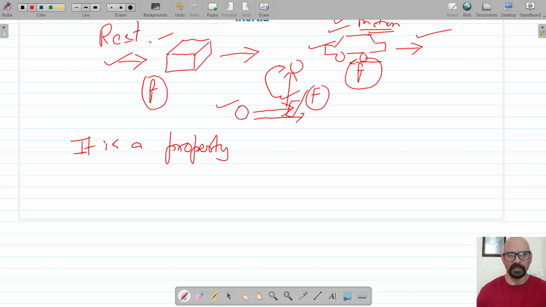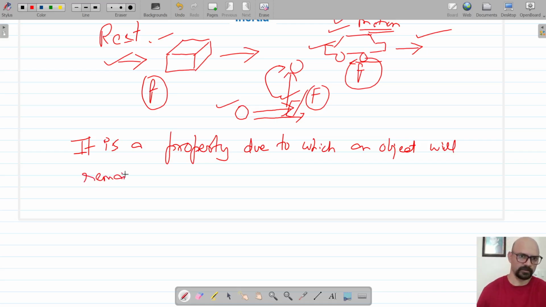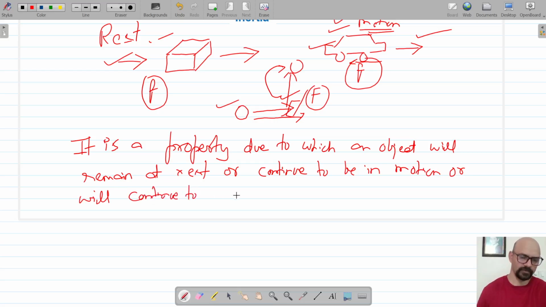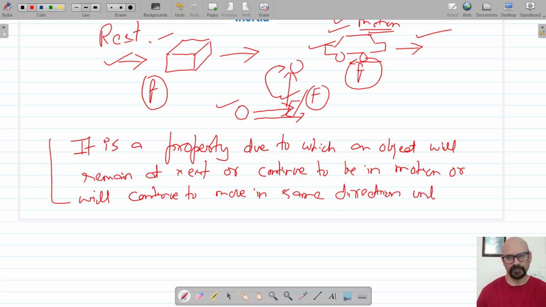It is a property due to which an object will remain at rest or continue to be in motion or will continue to move in the same direction, and this is happening unless some external force is applied on it.